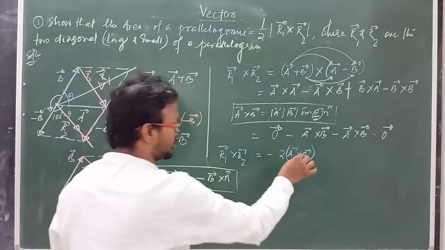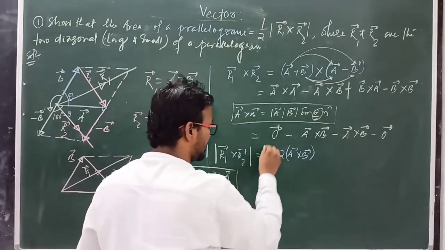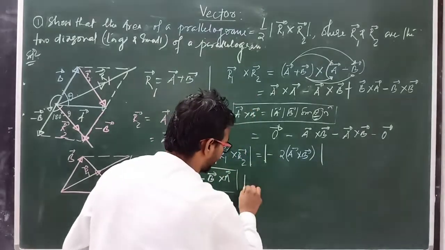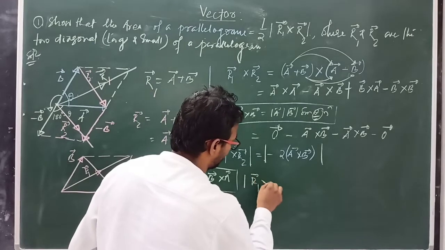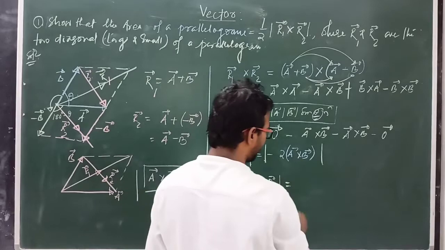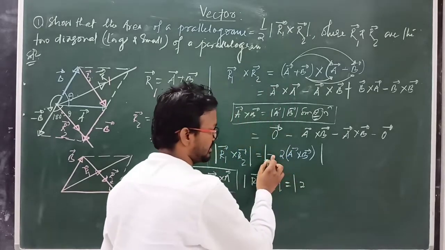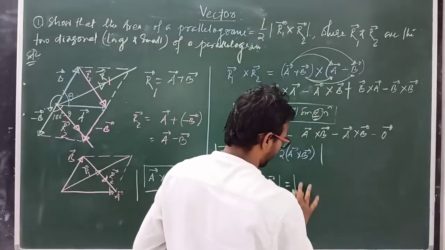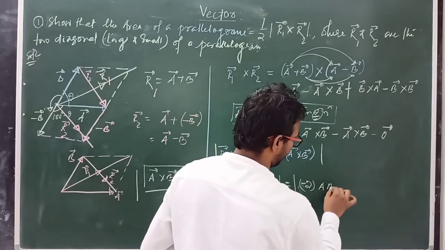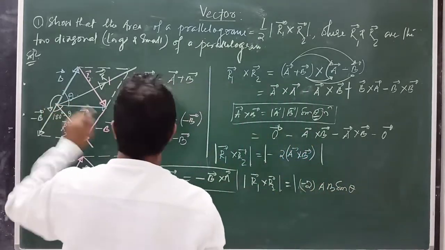If we take magnitude on both sides, then we place magnitude on both sides, and the negative sign will become positive. So here we can write that R1 cross R2 vector magnitude equals 2 into A cross B, which is AB sin theta, because the angle between A and B is theta.